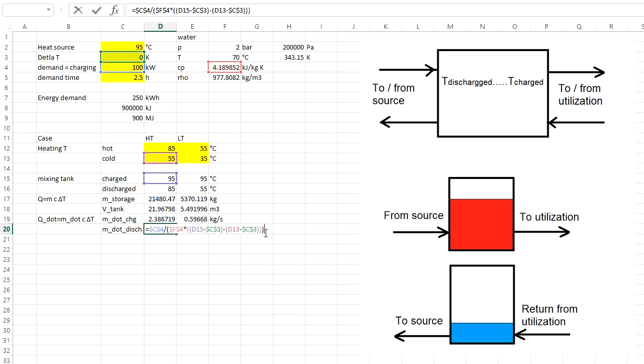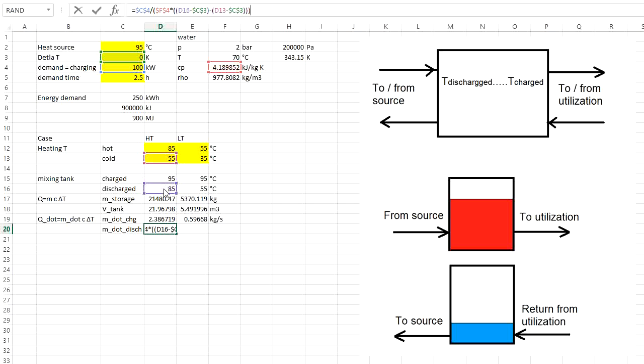And the last overall bracket in the end, and we get that for the discharging we would require 0.6 kilograms per second, and this is in the case when the tank is charged.